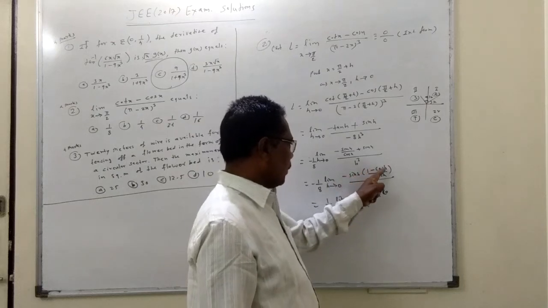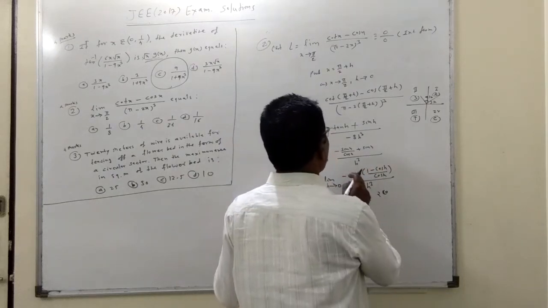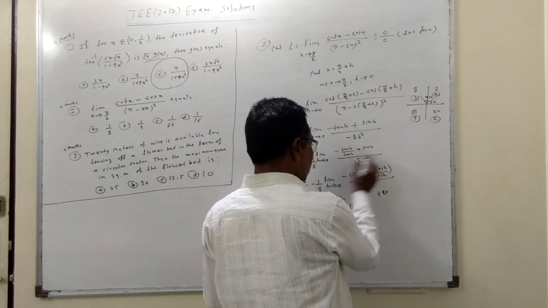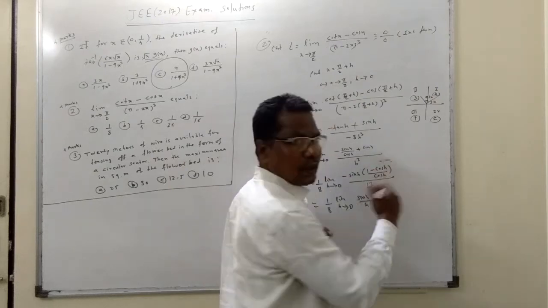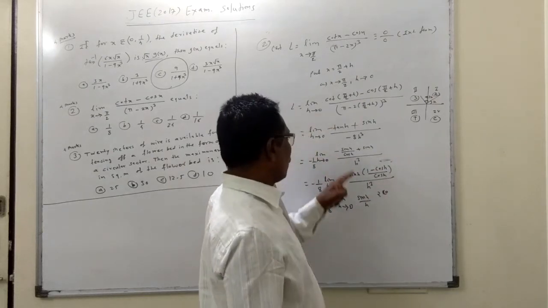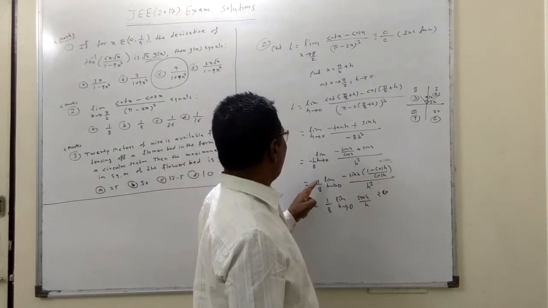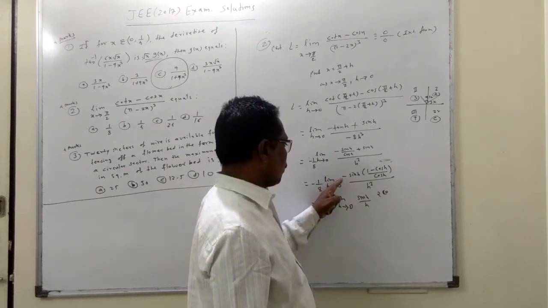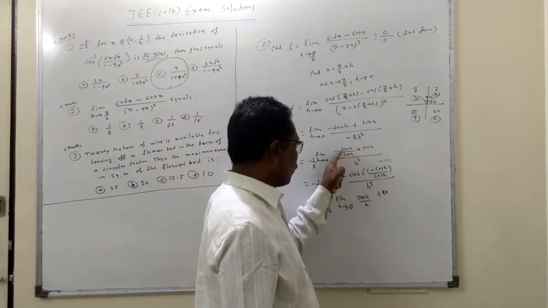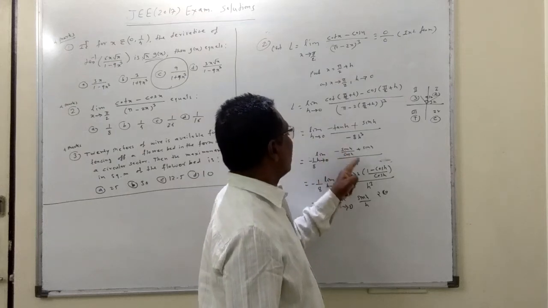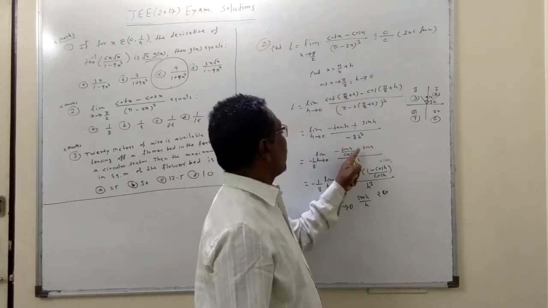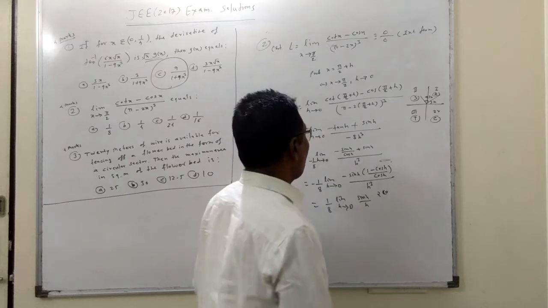So 1 minus cos h. Let me explain again. So minus 1 upon 8, we have taken minus 1 upon 8, limit h tends to 0. Now minus sign h will take outside from these two terms. So here 1, now this cos is multiplied, this minus cos h upon cos h.